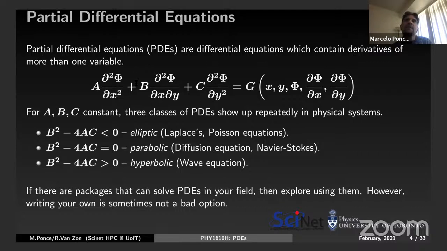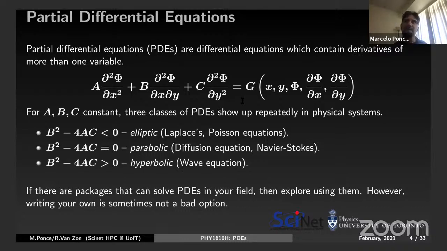So now our differential equation, because it's up to second order, can be shown as a term with a second derivative in x, a second derivative in components x and y, and then a second derivative in y. Of course, you can have linear terms as well, and so on.